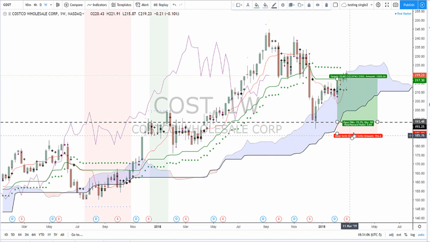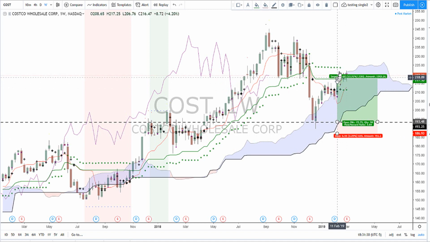So that's basically the reward risk. Our reward risk is over 3 to 1 here. We're risking $6.55, that will be our loss, and our max profit, our target, is $23.82 there. So that's what we're looking for it at least to get to, the green line.